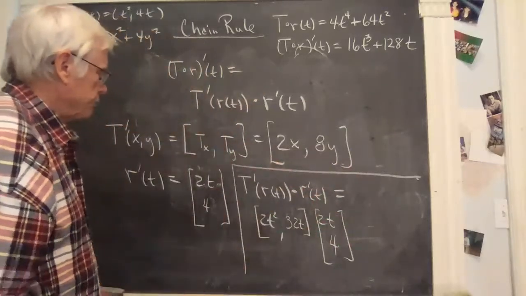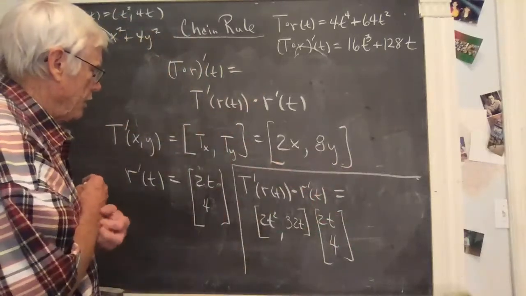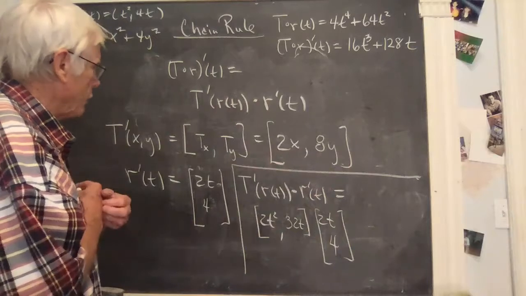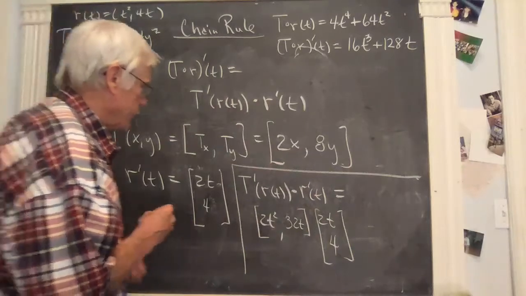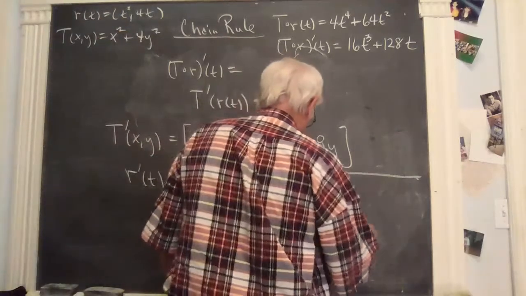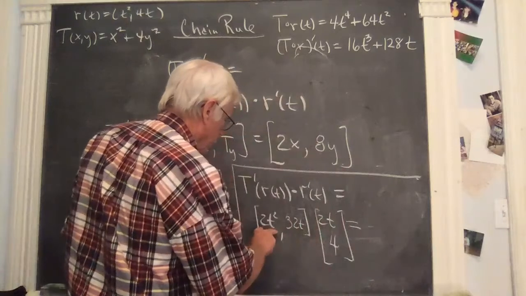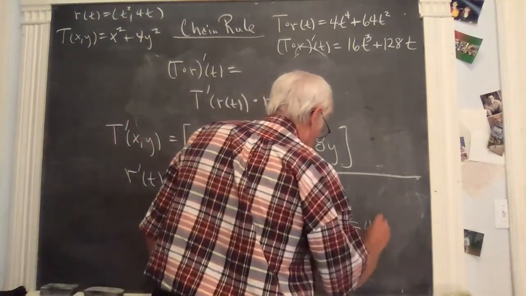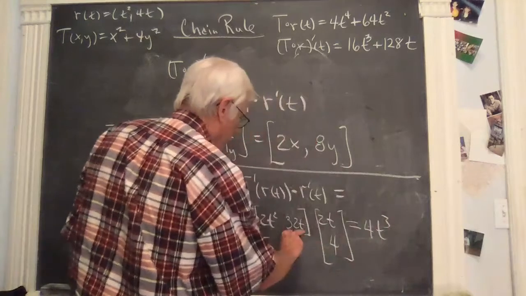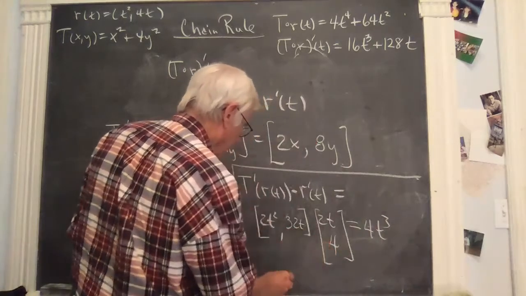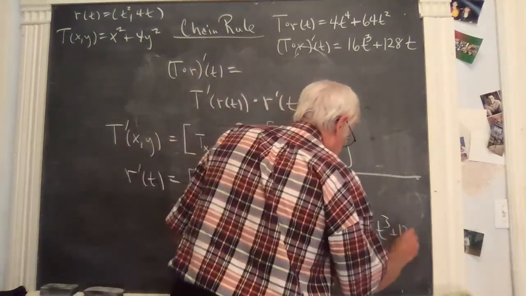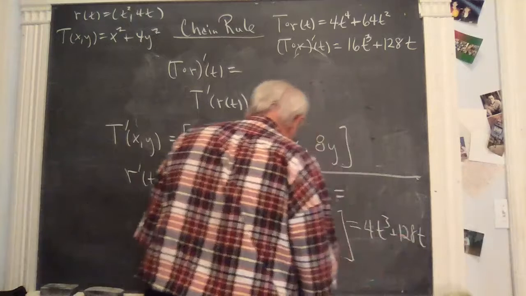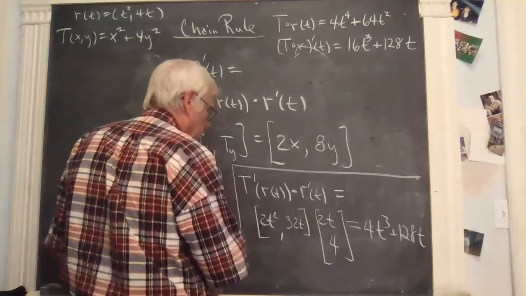And so when we do this, we get 2t squared times 2t is 4t cubed. And 32t times 4 is 128t. And this is how it works.